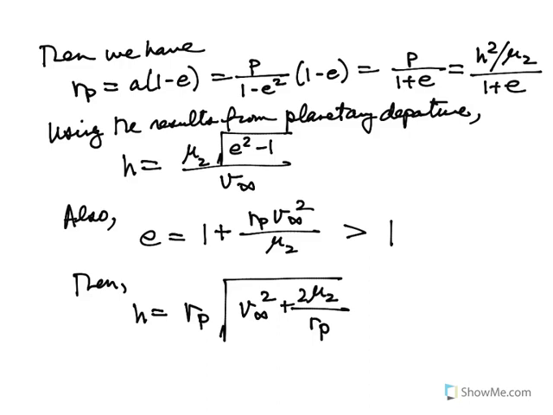Now all these results that I just got are exactly the same, at least in terms of their mathematical form, as the equations for the planetary departure case. Now we're dealing with planetary arrival. So again, we can do the same thing we did before.